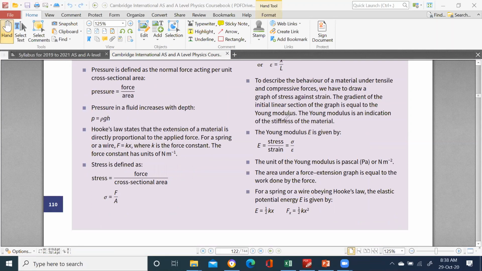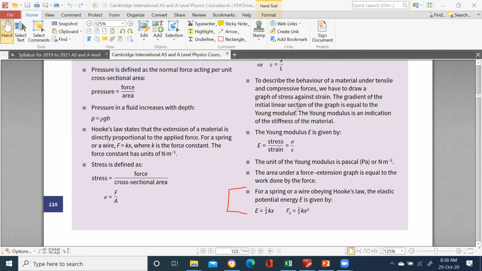And we ended the lesson by commenting briefly about the work done in stretching an elastic material. I hope that by now we don't have any complaint as far as this is concerned. I was expecting that you get some more numbers from the end of chapter questions on page 111, and from any other source.